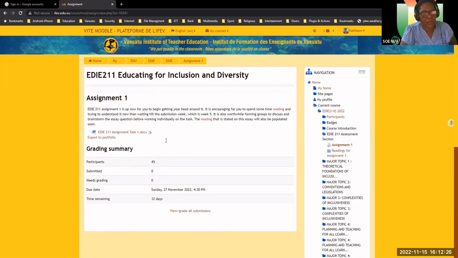In major topics 1 and 2, you have learned the theoretical foundations of inclusive education and conventions and legislations that support and promote the development of inclusion and diversity in schools. Your essay will focus on these 2 major topics and be separated into 2 different parts, part A and part B.